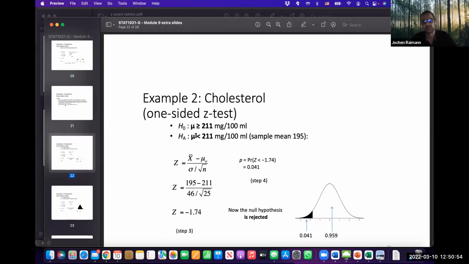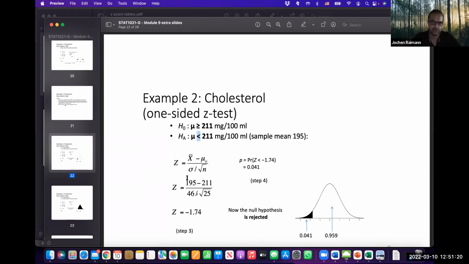If you want to test whether your sample mean is smaller than your population mean, then your null hypothesis would be that your sample mean is greater than your population mean. So now your rejection region of interest is really the mean smaller than 211. You're only looking to the left. You're ignoring the right side. You're only quantifying the left side.